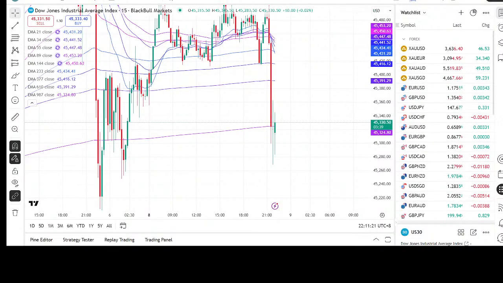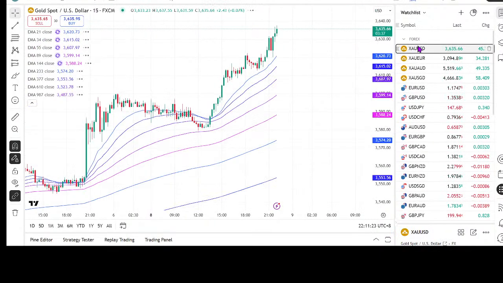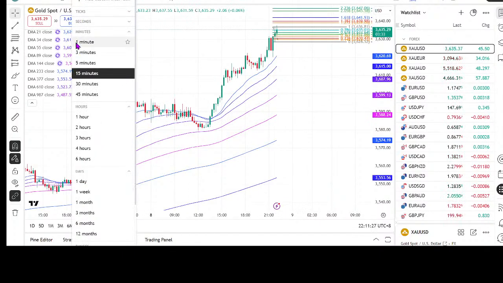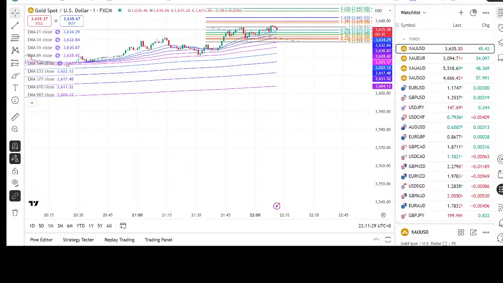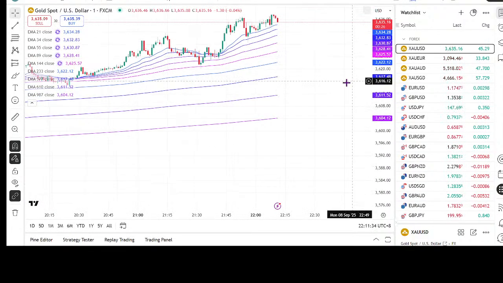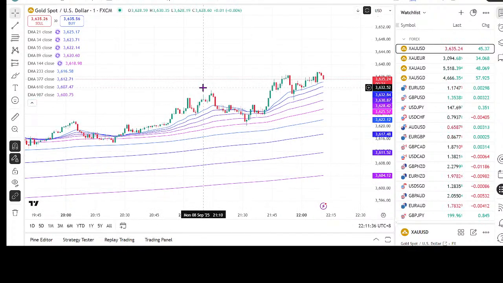Again, gold is still struggling. Like I told you, that 15 minutes is very important. Another 4 more minutes. Let's wait to see.